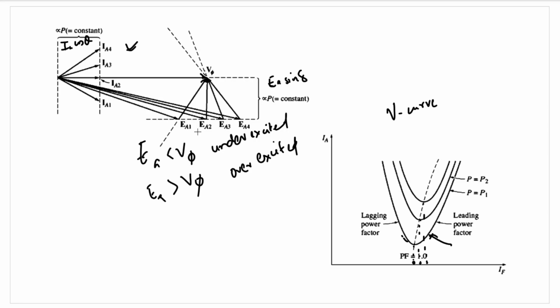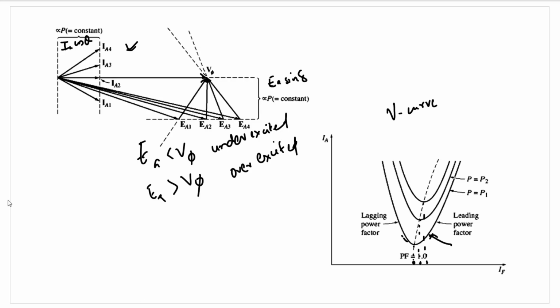As the field current is increased, the armature current decreases, and the power factor becomes unity. If we further increase the field current, the armature current again starts increasing, but in the leading power factor region. That means the synchronous motor will now start supplying reactive power instead of being a consumer of reactive power.